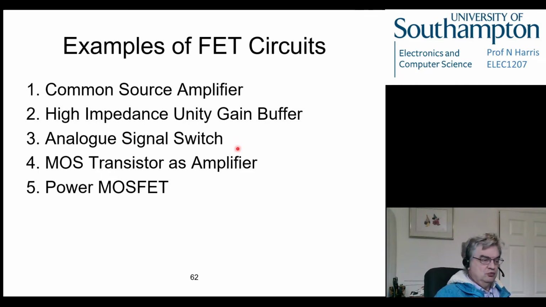So these are just sort of switches, basically, for signals that are quite easy to use. And then we'll look at the MOS transistor rather than normal FETs, and extend our ideas to things called power MOSFETs. So these two bits here don't take very long at all, and these are the more interesting parts, I think.